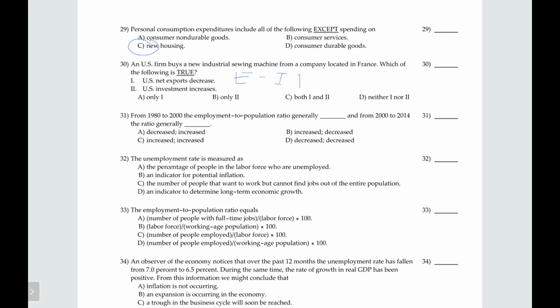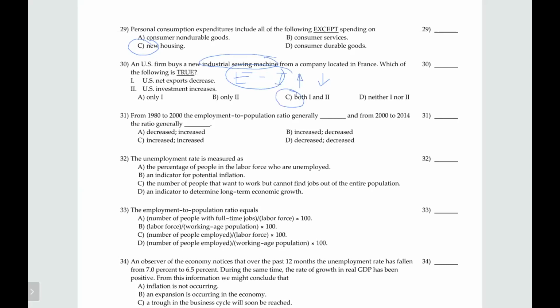Now the import increases, so this number is going to decline. And 2, US investment increases. This is also correct, right? Why? Because this is an industrial sewing machine, so it is considered physical capital and is characterized as investment. So the answer is C.